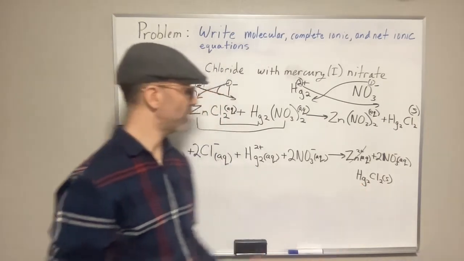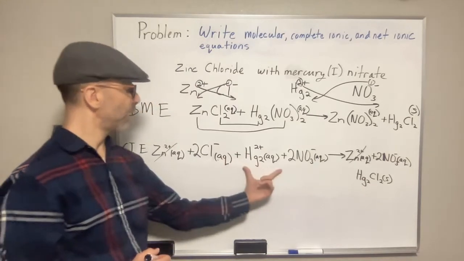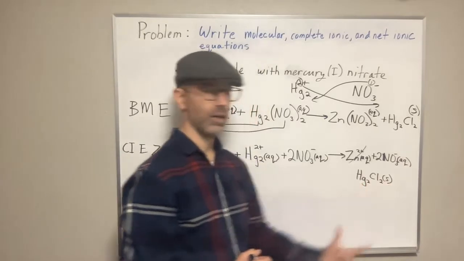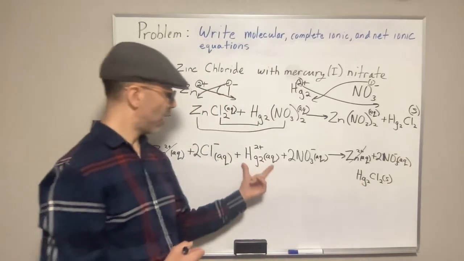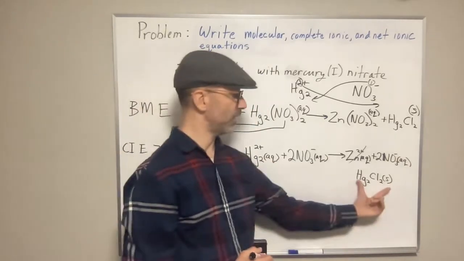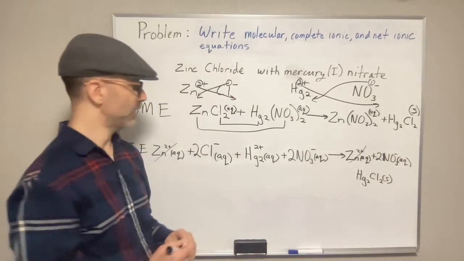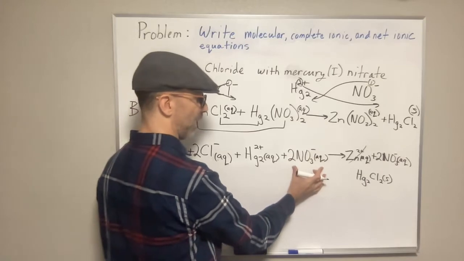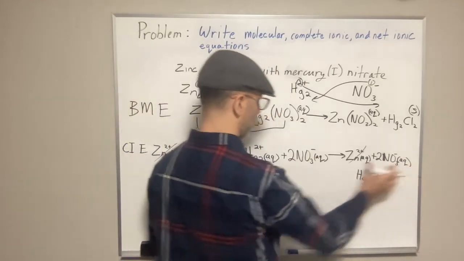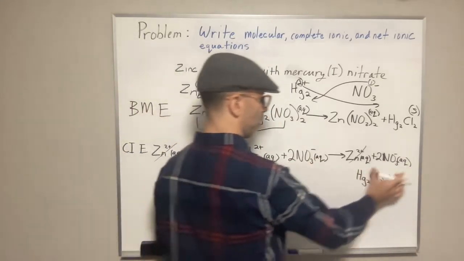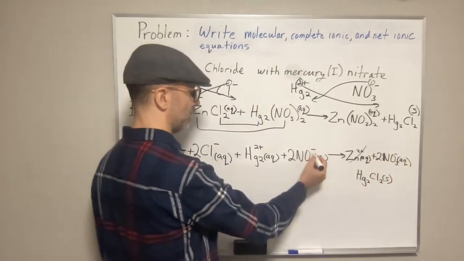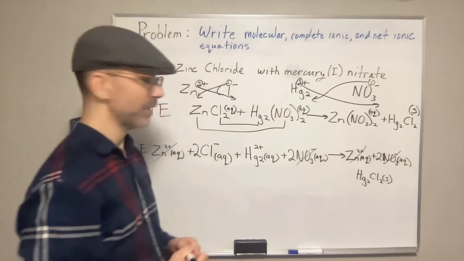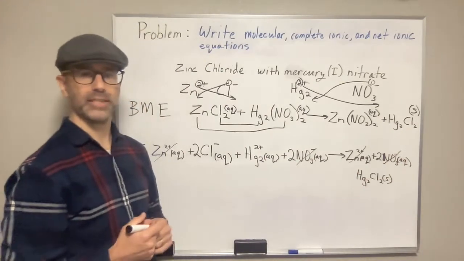We're going to keep that one. That is not a spectator ion. Same thing for the mercury 1 ion. Mercury 1 ion is part of the solid, so it changes from aqueous to solid, so that is a change, so that stays. But the nitrate goes from aqueous and it stays aqueous. We have 2 nitrate ions here and we have 2 nitrate aqueous ions here. So that is spectator ions. So those are our spectator ions.